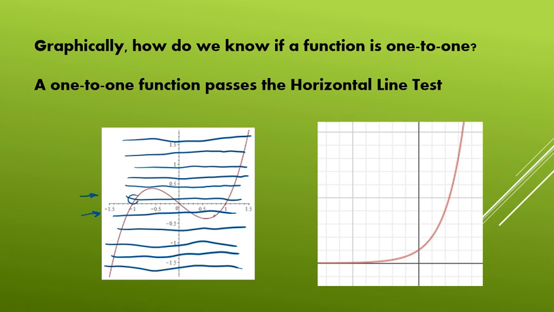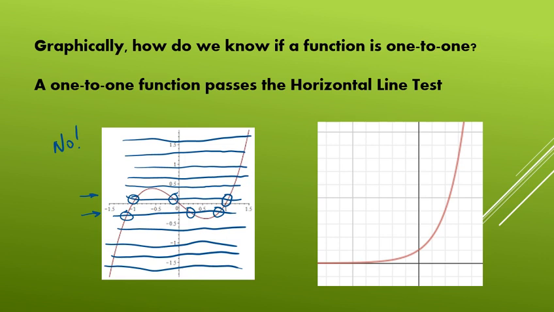We have this line intersecting here, and here, and here, as well as here, and here, and here. So these two lines are each intersecting the curve at 3 different points. So this is an example of a function that is not 1-to-1.